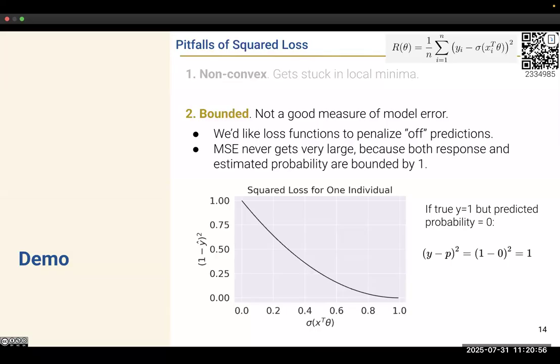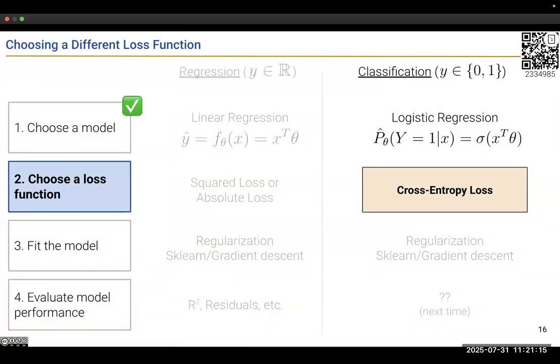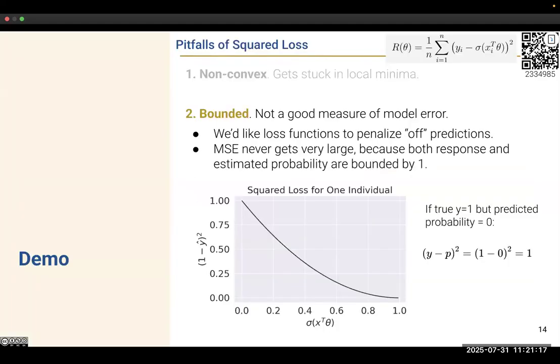But right now, even if you're completely off, the largest error is 1. So if you compute the mean square error over all of your data points, it's not going to get very large. So what do we do with this? How can we fix this?